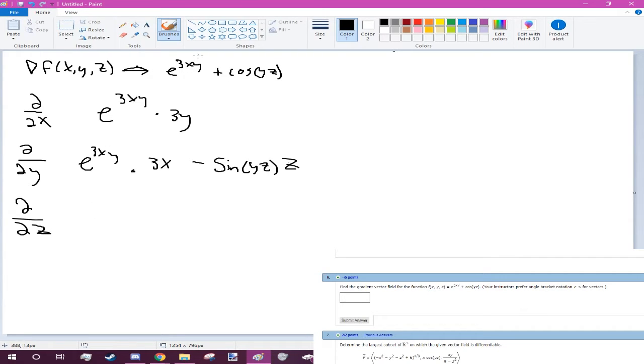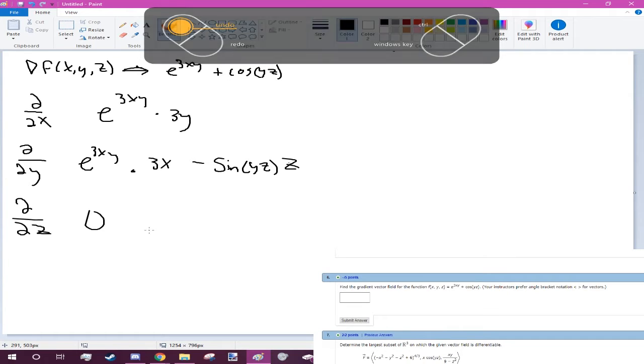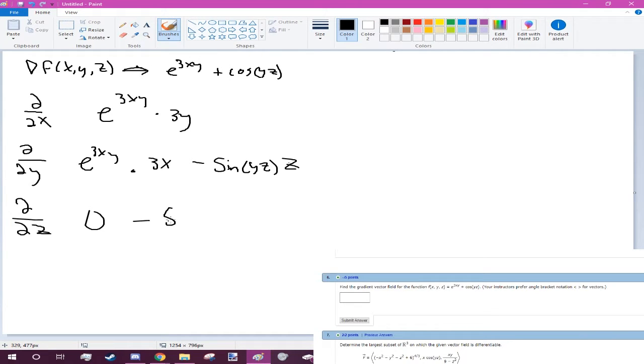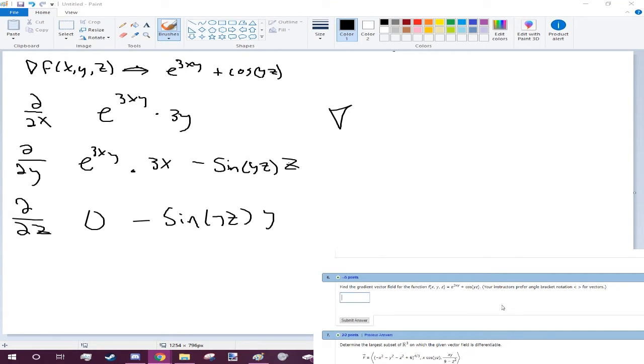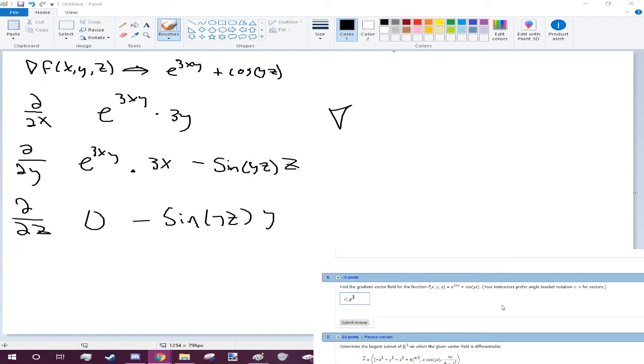The exponential has no z's, and so it's 0, minus sine of yz times y. And that is our gradient. So let's just type it in right quick. I'm so confident that I don't even need to look it up. I just know that this is the right answer, because if it's not, then everything that I know about calculus is wrong.